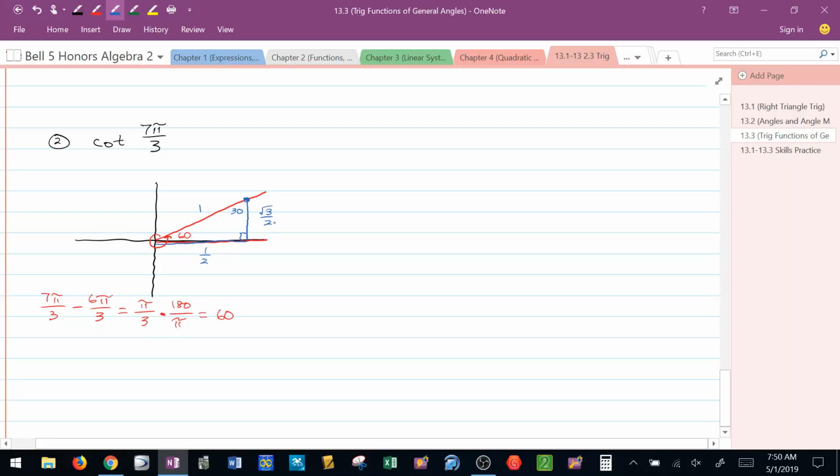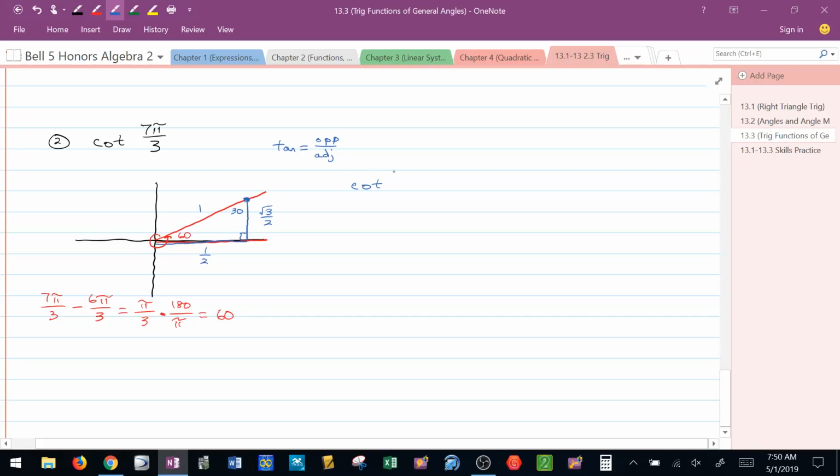All right? So now I need to find the cotangent of this angle. Well, I know that tangent is opposite over adjacent. So the cotangent would be adjacent over opposite.